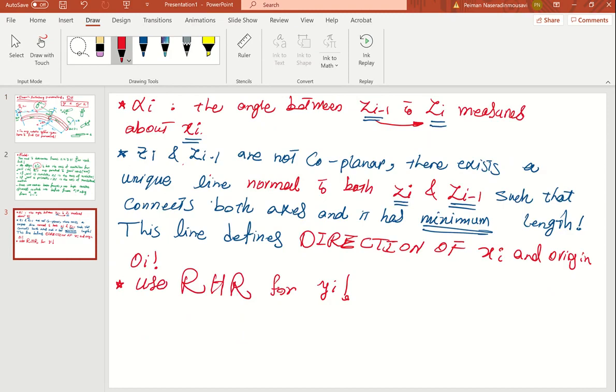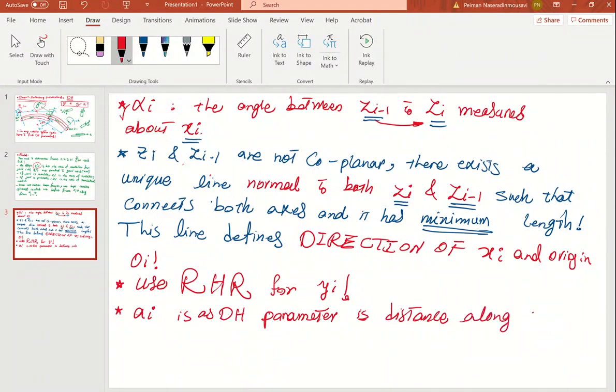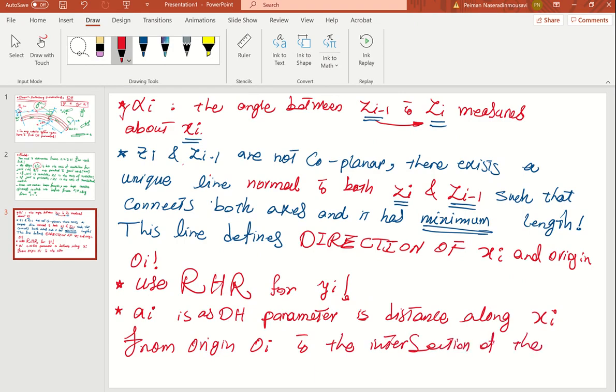So this is ai. Let me write the ai definition. We had the alpha i here. ai, as you saw in the picture, is the distance along xi from origin OI to the intersection of xi and zi minus 1.